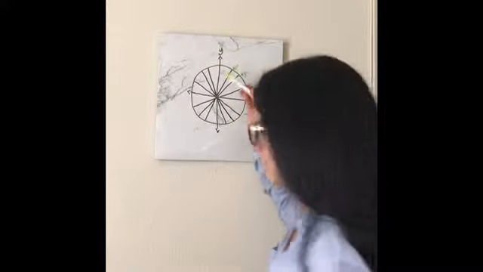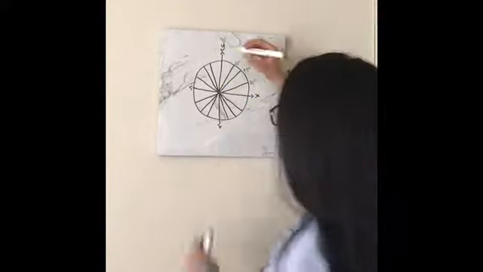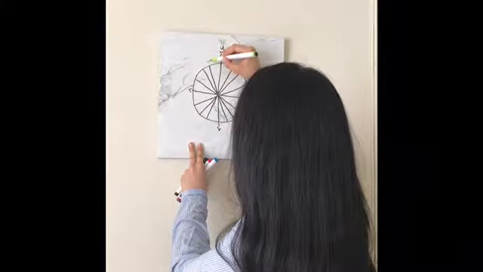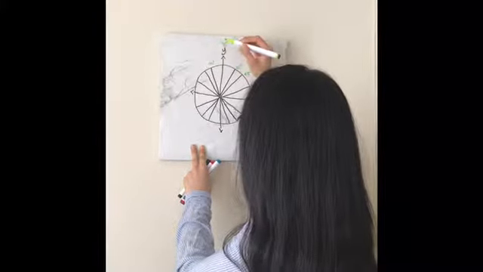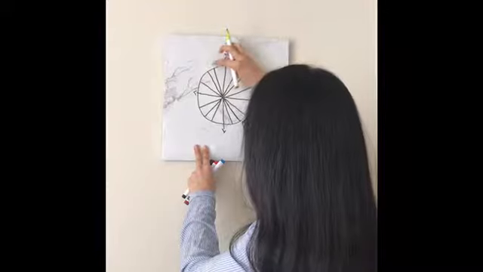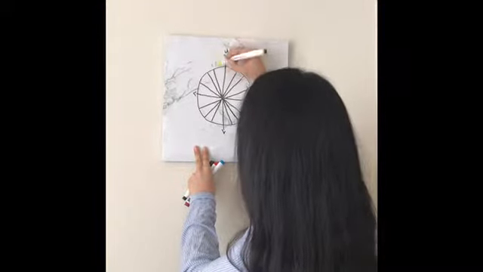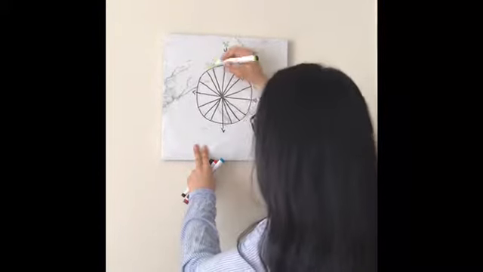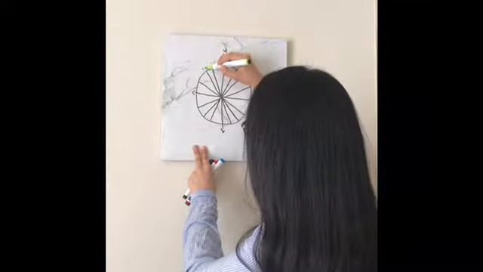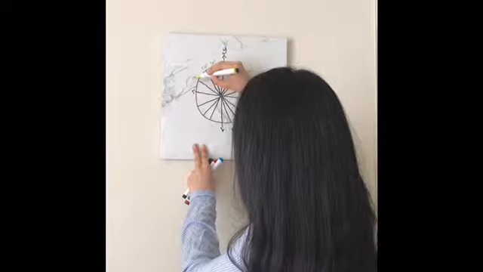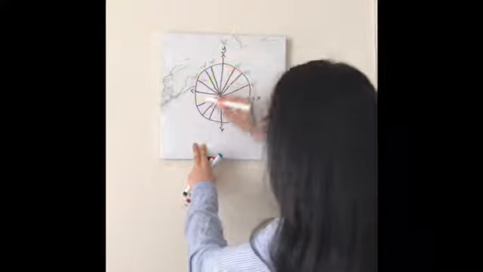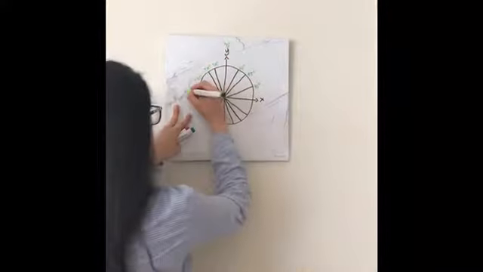And then you do 90 plus 30 degrees, which is going to give you 120 degrees, and next up we have 135 degrees and 150 degrees, and that's going to be 180 degrees.